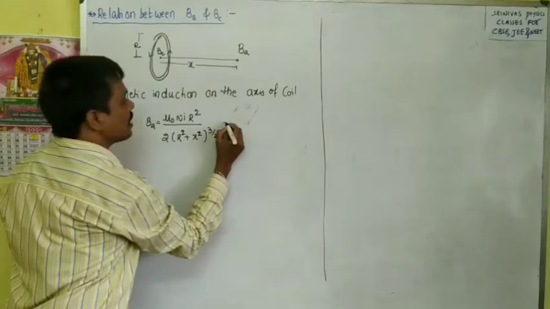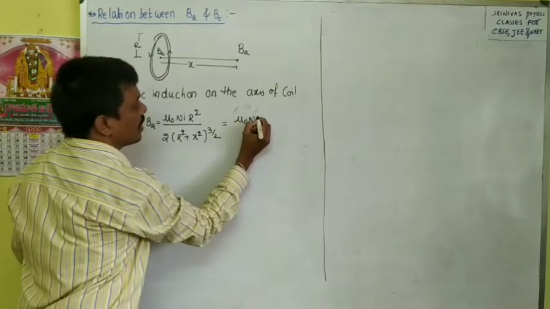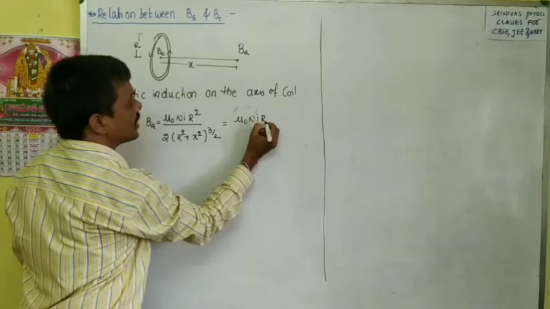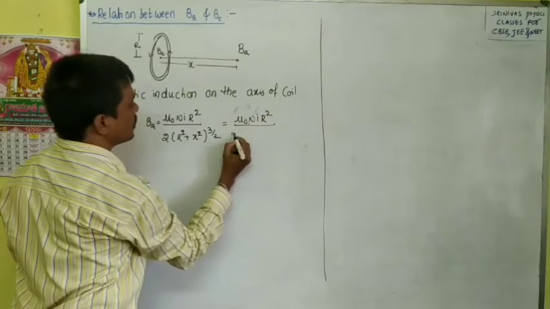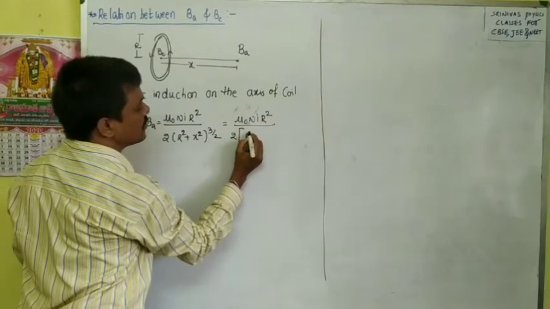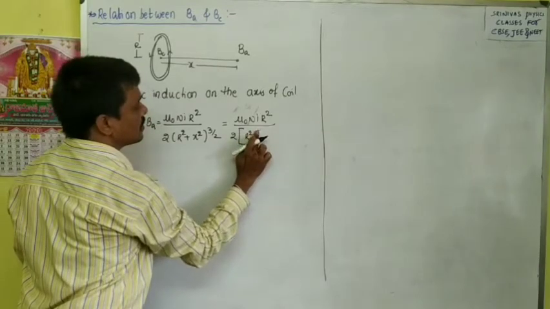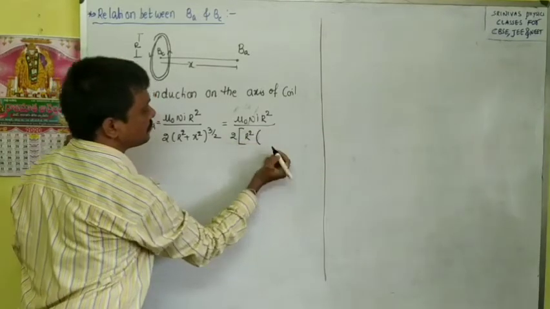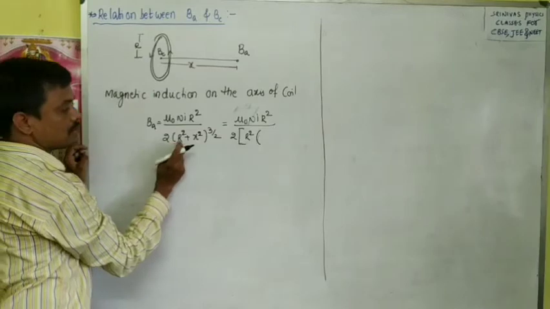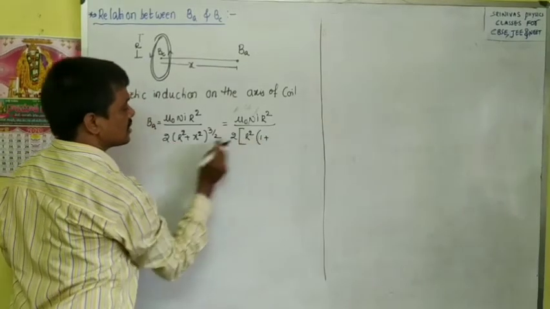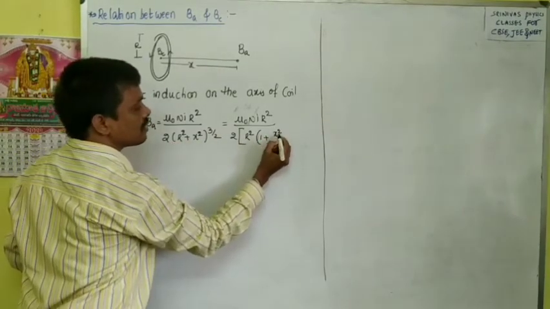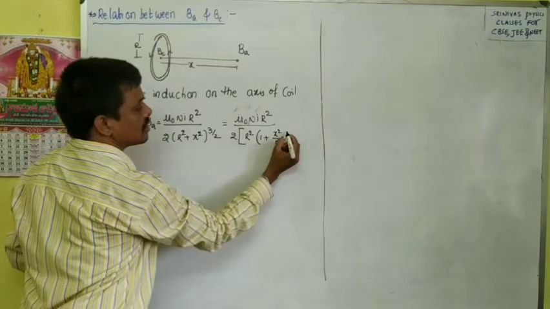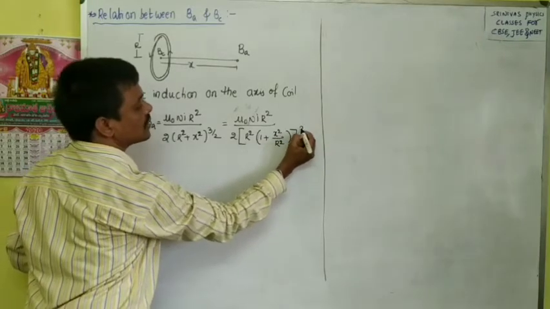In this I will take r square common in the denominator. If you take r square common, what do you get? Here 1 remains, and here x square by r square remains, whole power 3 by 2.